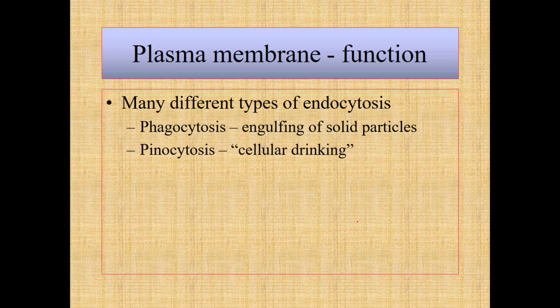Pinocytosis is a fluid. And then there can also be receptor-mediated endocytosis. With receptor-mediated endocytosis, what we typically see is that there is a receptor, and once the ligand binds to the receptor, it triggers the engulfing of that receptor-ligand complex. Okay, so that is receptor-mediated endocytosis.